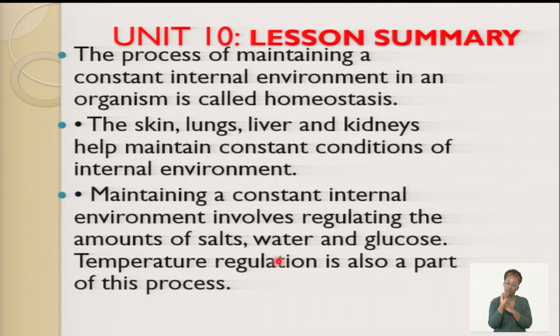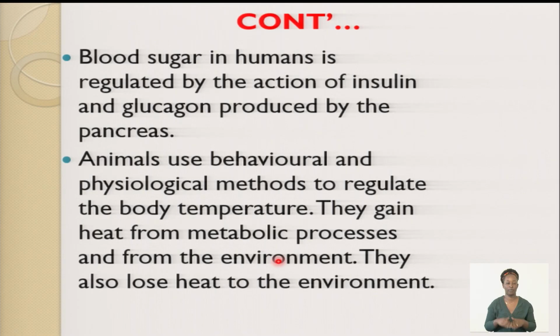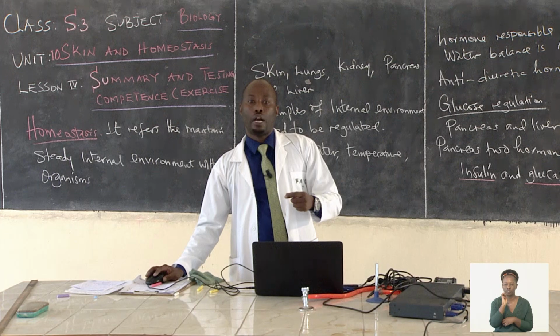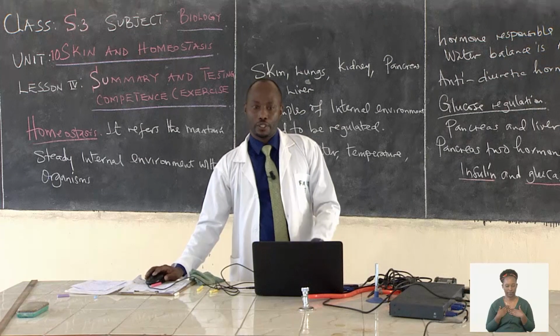Blood glucose in humans is regulated by the action of insulin, as I mentioned, which is a hormone, and also glucagon, produced by the pancreas. So these two hormones responsible for regulating the amount of glucose in the blood are insulin and glucagon, which are hormones produced by the pancreas.